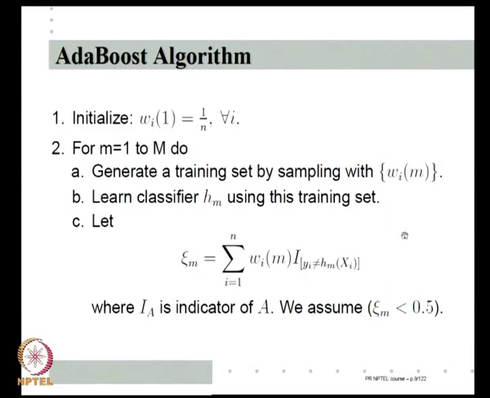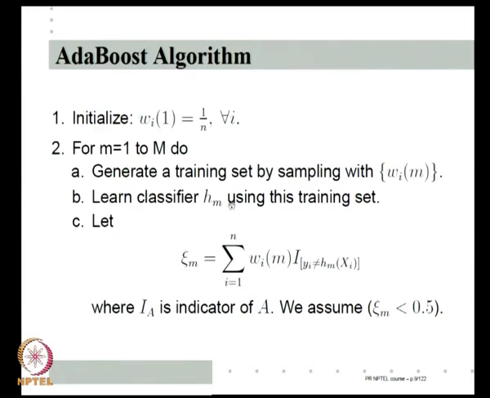Mind you, this is not necessarily the training set, because the training set is randomly chosen, but this is on all the examples I have, (x_i, y_i). Each example is classified by the newly learned classifier, and wherever I misclassify, my actual error is weighed by the weight of that example. So, I want to minimize this weighted sum. In a sense, I can say I want to learn a classifier h_m which minimizes this weighted error.